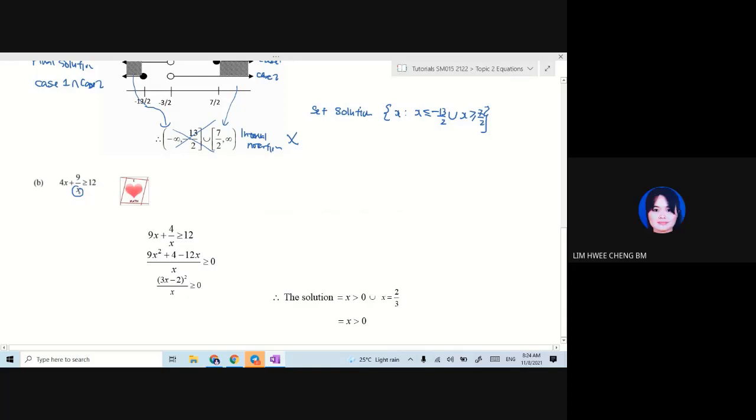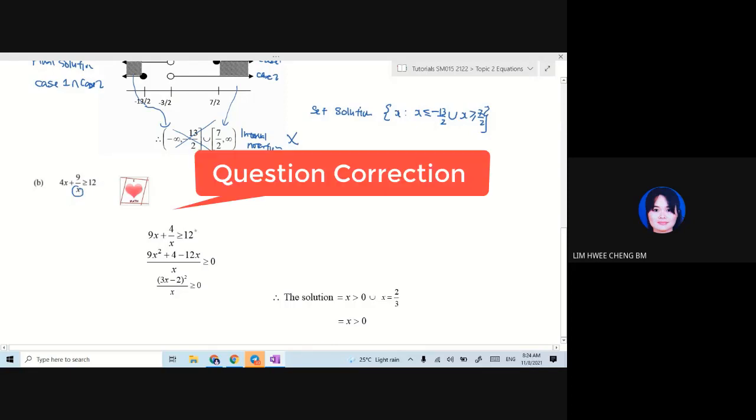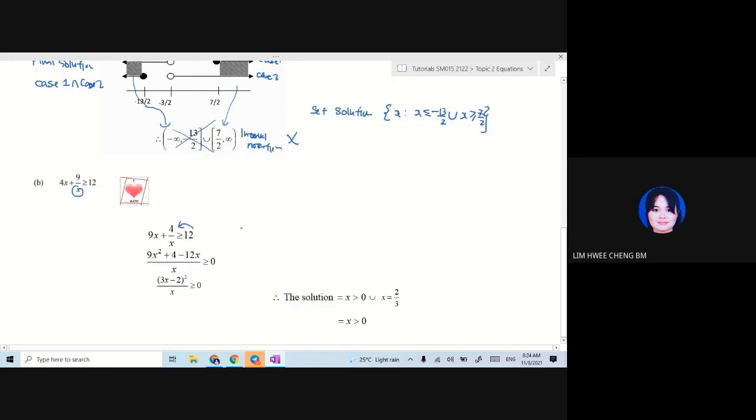No, because we have the unknowns there, right? We don't know whether it's a positive or negative value, so we cannot do cross multiplying. If we cannot do cross multiplying, we have to rearrange the inequality, everything to the left hand side. So you have 9x plus 4 over x minus 12 greater or equal than 0.